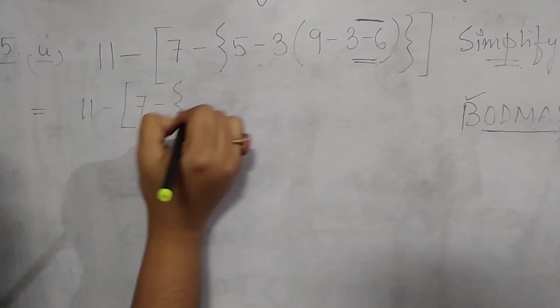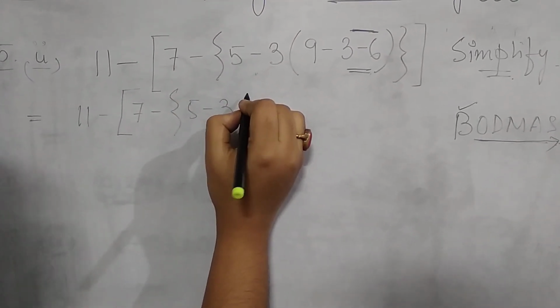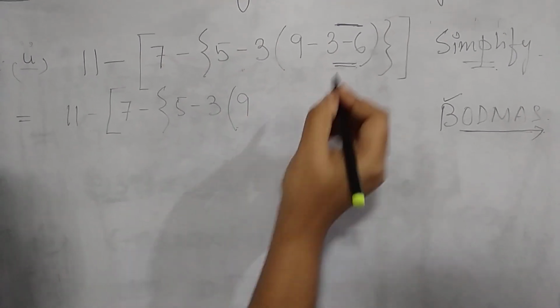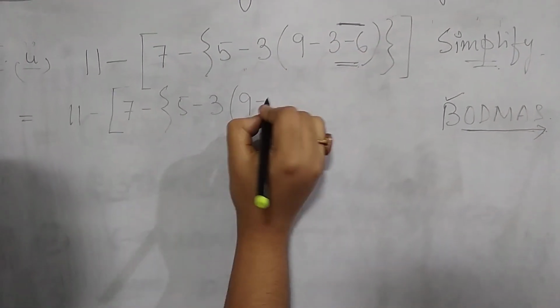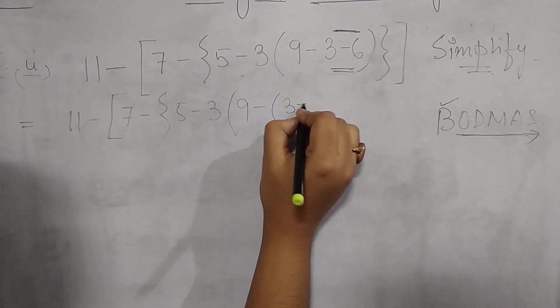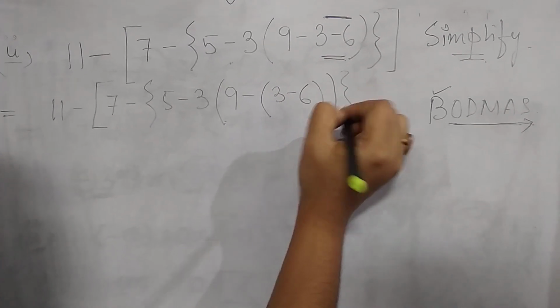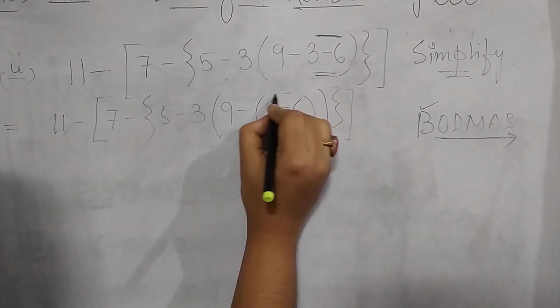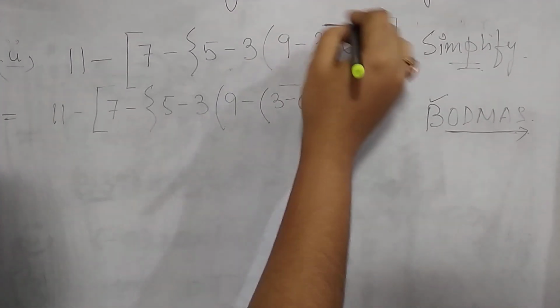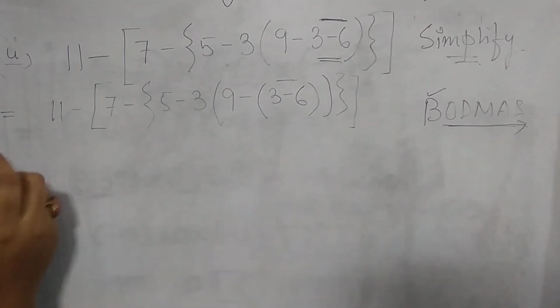Now here, there is a catch hiding out here. Within the 9, now how we are going to consider this? We have to consider this as if they are within a bracket and we have to do this first. We cannot take it like minus 3 and minus 6. No, we cannot take it.